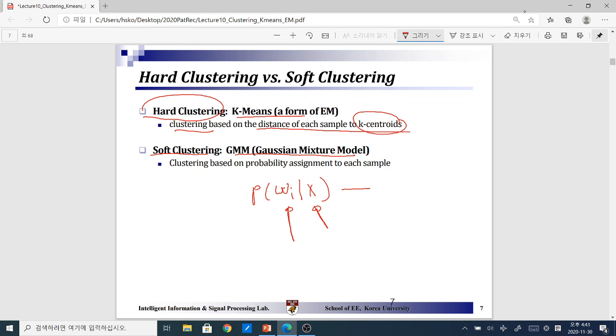It's going to identify that information in terms of probability.